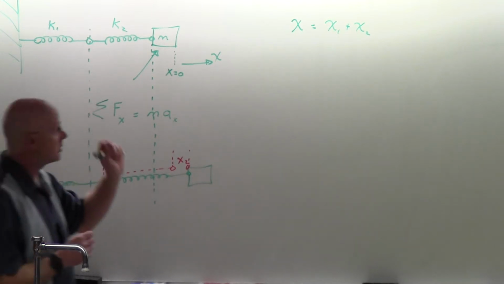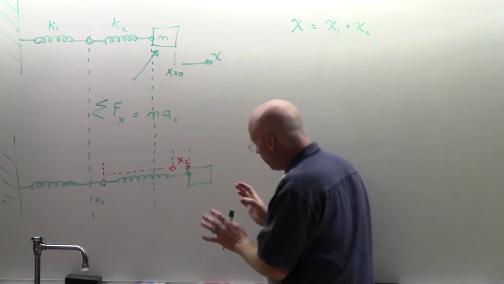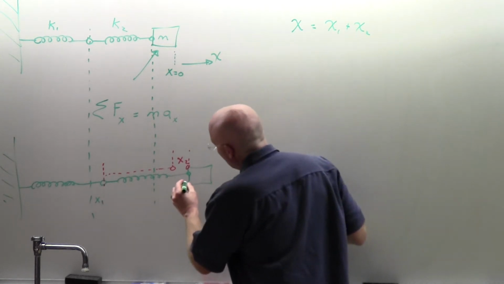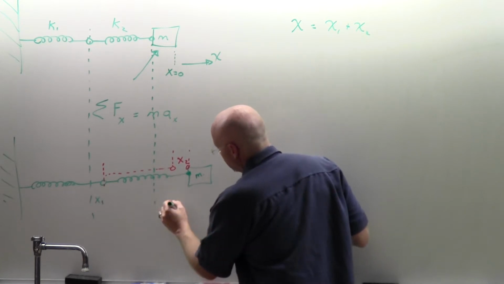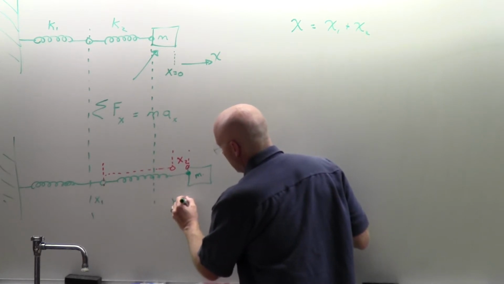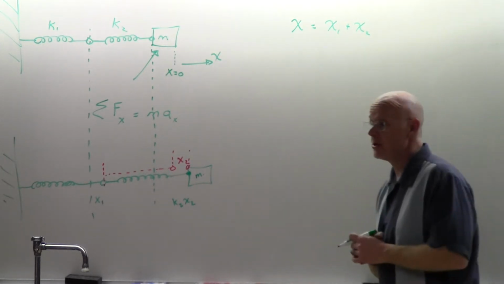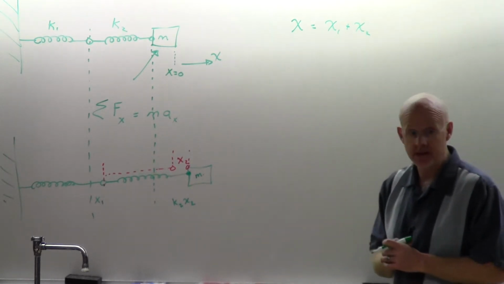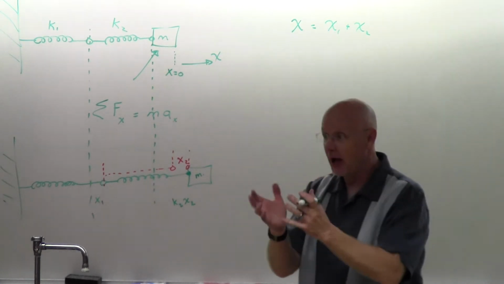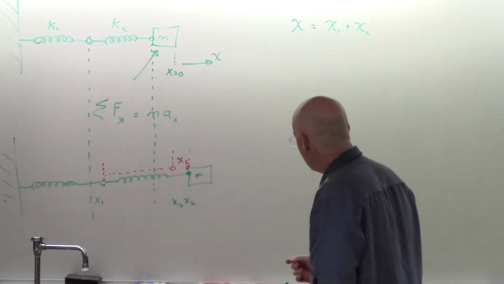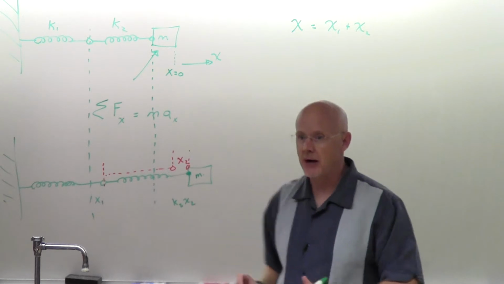Because as I look closely at this and say, well, now wait, let's look at forces. What's actually pulling on this block is what I would call k2 x2. Isn't it? I mean, that's the only one touching the block. But let's just, for simplicity here, say I pull it and I hold it in that spot.